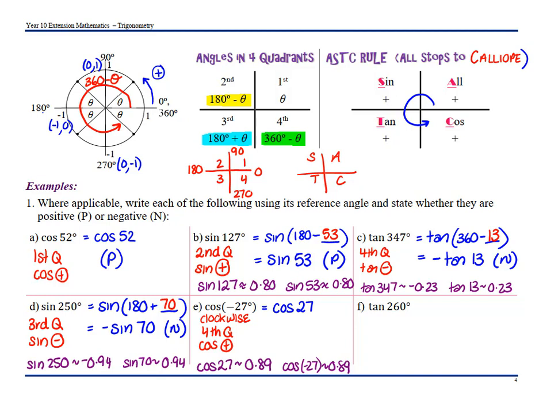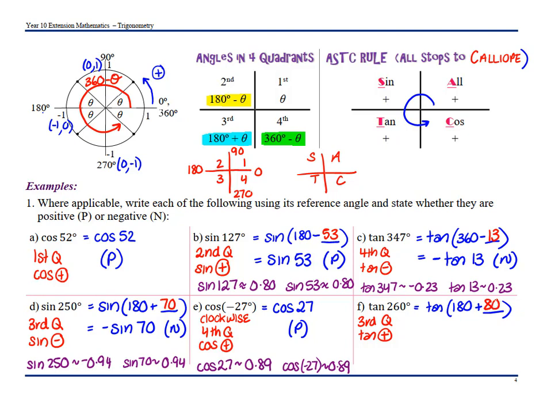Final one, tan of 260. That's going to be in our third quadrant. So tan is positive in our third quadrant. And again, I forgot to write that this is going to be P for positive. So in our third quadrant, we want it to be in terms of tan of 180 plus something. So 180 plus what gives me 260?